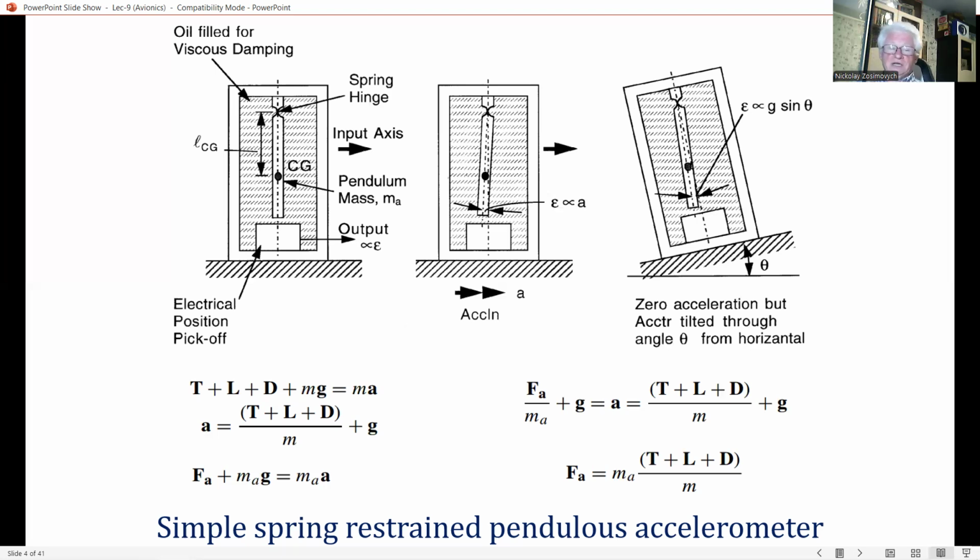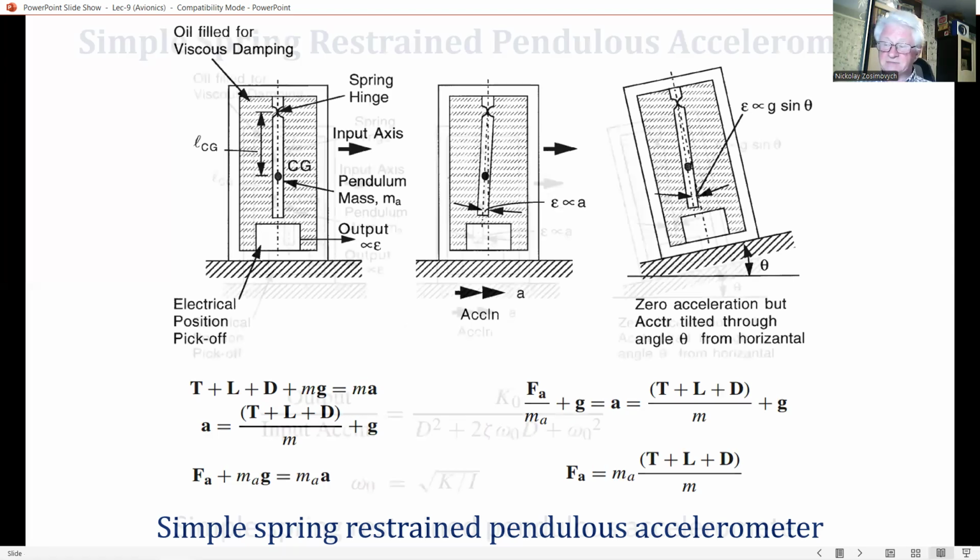Only if the accelerometer input axis is exactly orthogonal, meaning at 90 degrees to the gravity vector, as in our horizontal case where there is zero gravitational force component, will the accelerometer measure the vehicle acceleration component along its input axis.